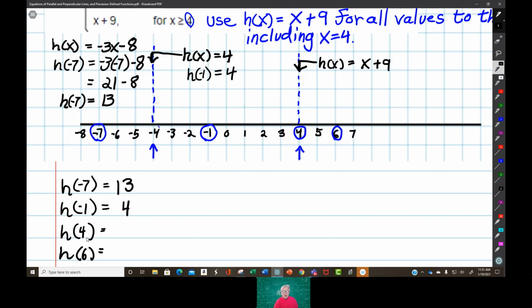Now, for h of positive 4, we were told that x can equal positive 4 for that part of the function. So h of 4 equals 4 plus 9 equals 13.